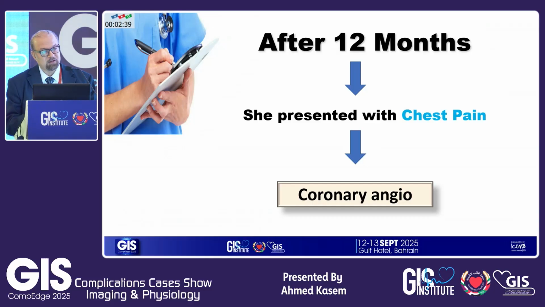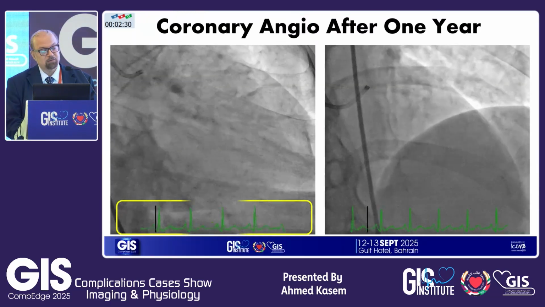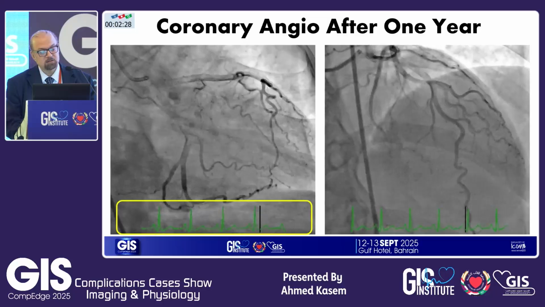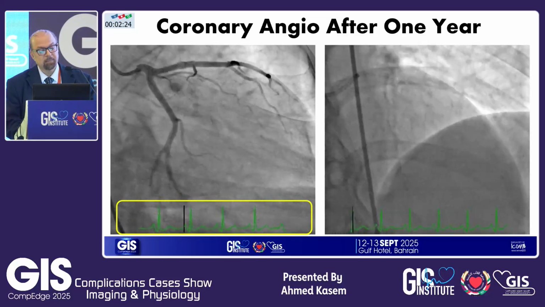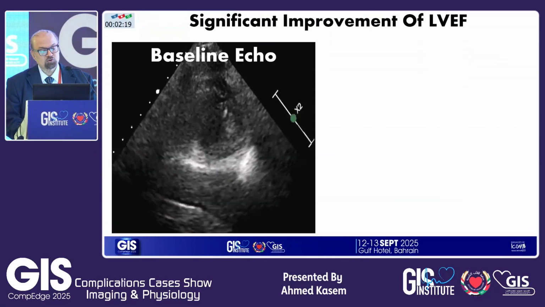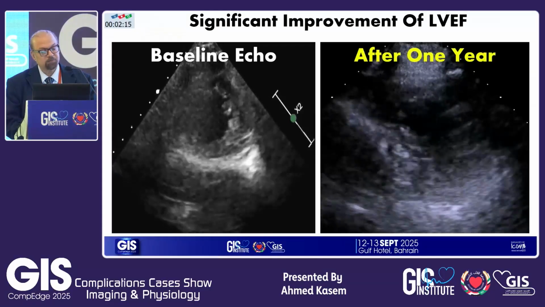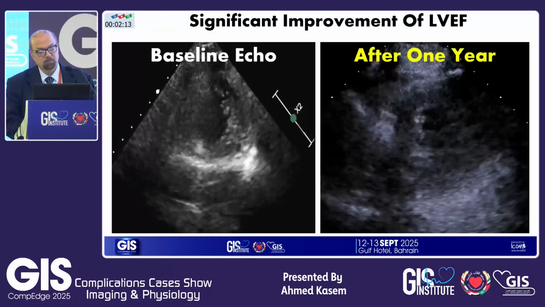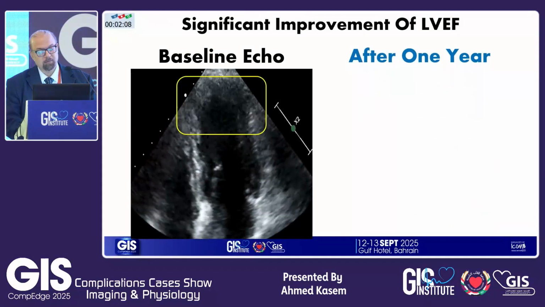Actually, it was not typical chest pain, so another team covering on call did angio for her at the time, after 1 year from intervention. And we noticed there is complete resolution of ST segment in the ECG of this patient, and TIMI 3 flow distally, and most importantly, the function of the LV, which was very severely impaired on presentation, is now nearly normalized LV systolic function.